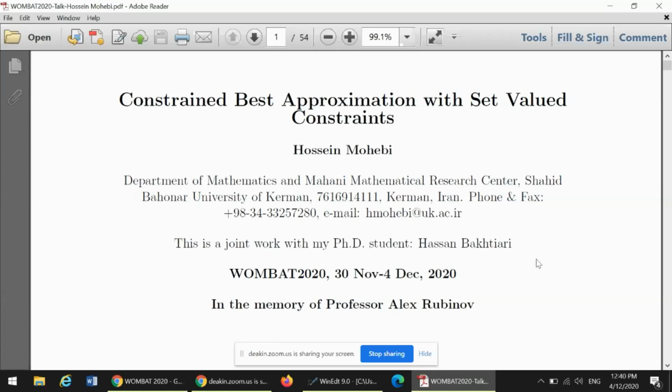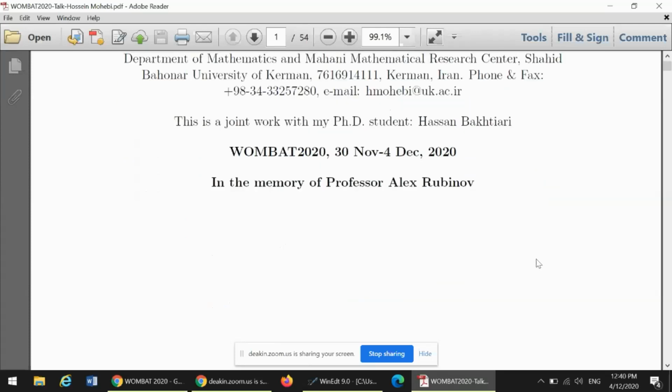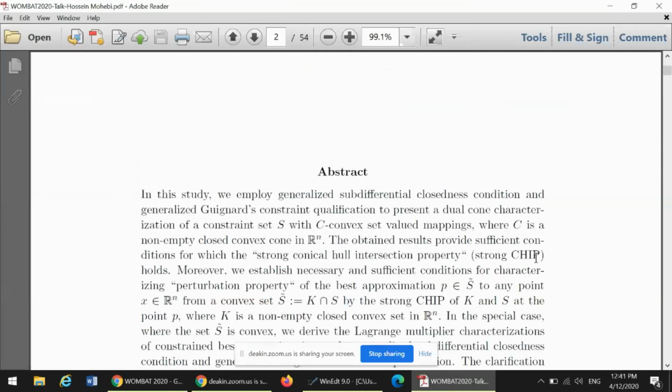But in this work, the constraint functions are set valued. In fact, in this work, by using generalized inertial constraint qualification, we present a dual cone characterization of a constraint set S whenever the constraint functions are convex with respect to upper set less order relation.